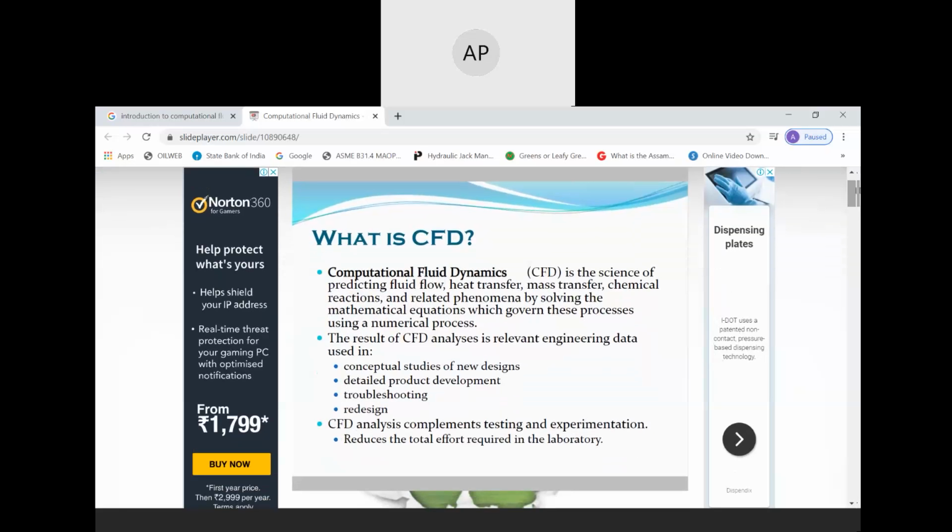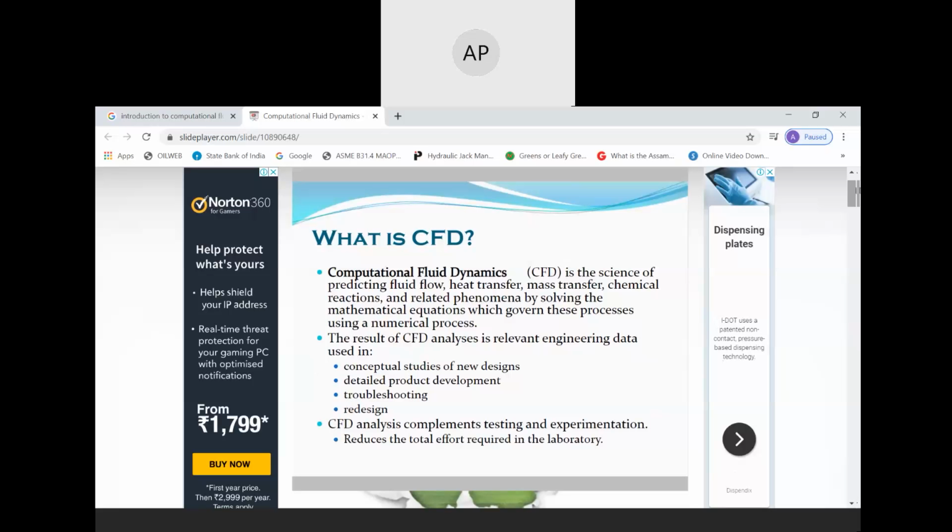The result of CFD analysis is relevant engineering data used in conceptual studies of new designs, detailed project development, troubleshooting, and redesign. So in the engineering field, CFD can be used for studying new designs, detailed product development, troubleshooting, and redesign of a project.